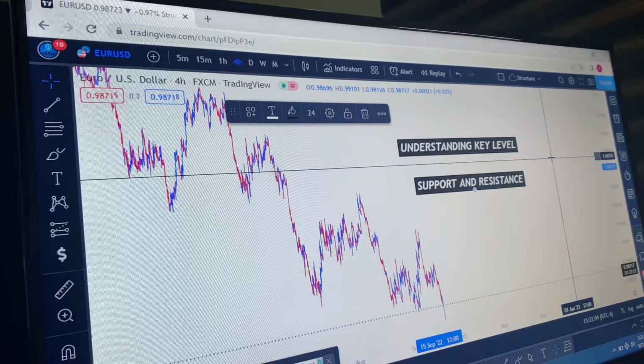The best way to look at support and resistance, just like I've said before, is looking at it as floor and ceiling. Support acts as floor and resistance acts as ceiling. So it is very important for us to identify key levels of support and resistance.